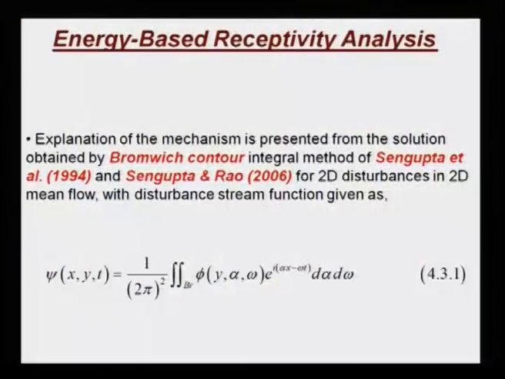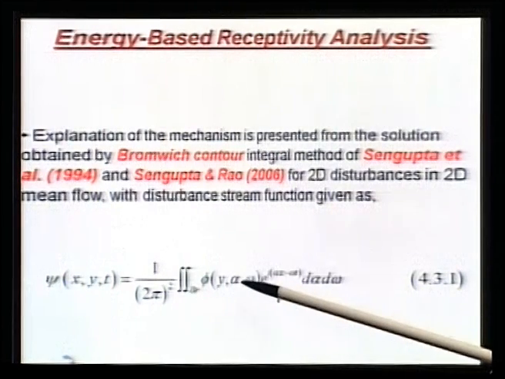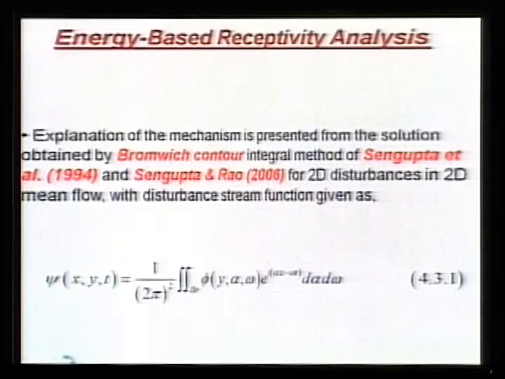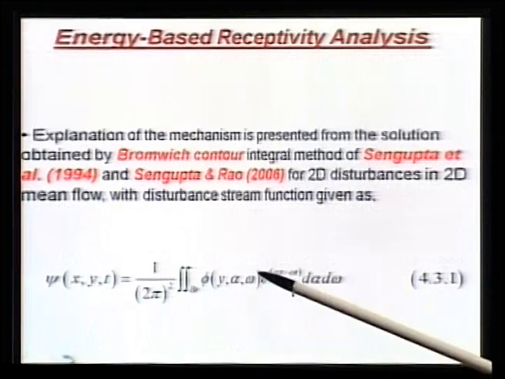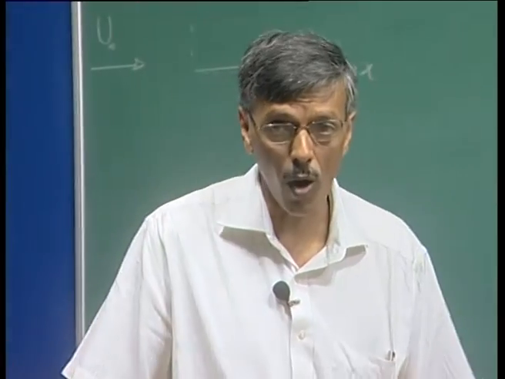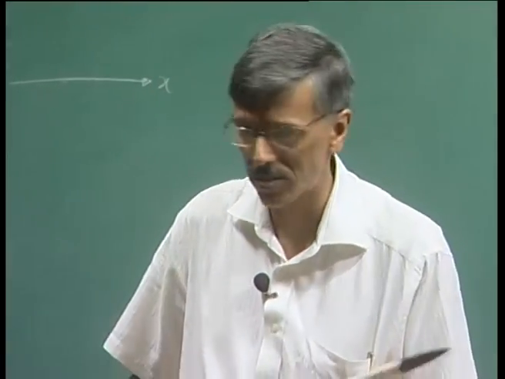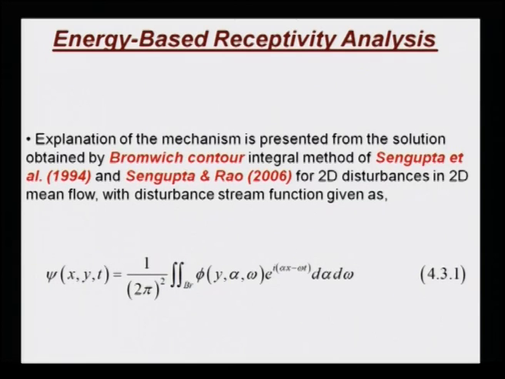One interesting difference between this Bromwich contour integral method and the classical eigenvalue analysis based on the Orr-Sommerfeld equation is that this is certainly not based on normal mode analysis. So, you can look at the effect of all the modes simultaneously together. This is something unique, and this is very important.